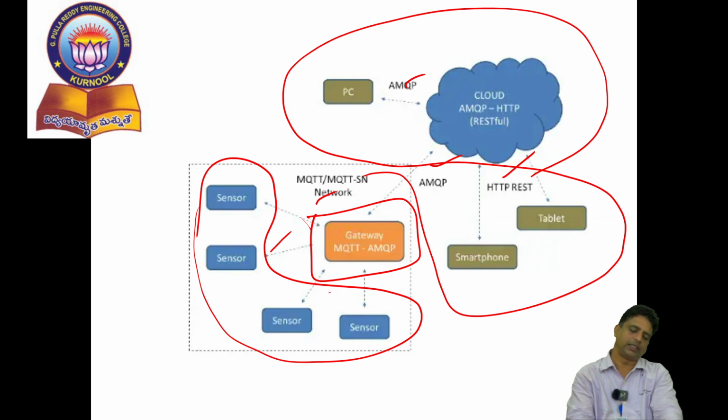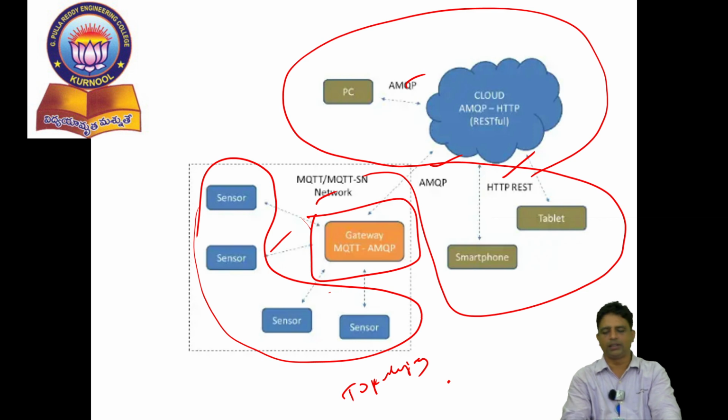How these sensors are connected based on topologies. Then part 2 describes how these gateways are getting communicated with these device sensors. It is considered as through any of the wireless technology. Then from the gateway, how it is getting connected to the cloud. These are the three parts of network communication models we are going to focus on in unit 3.